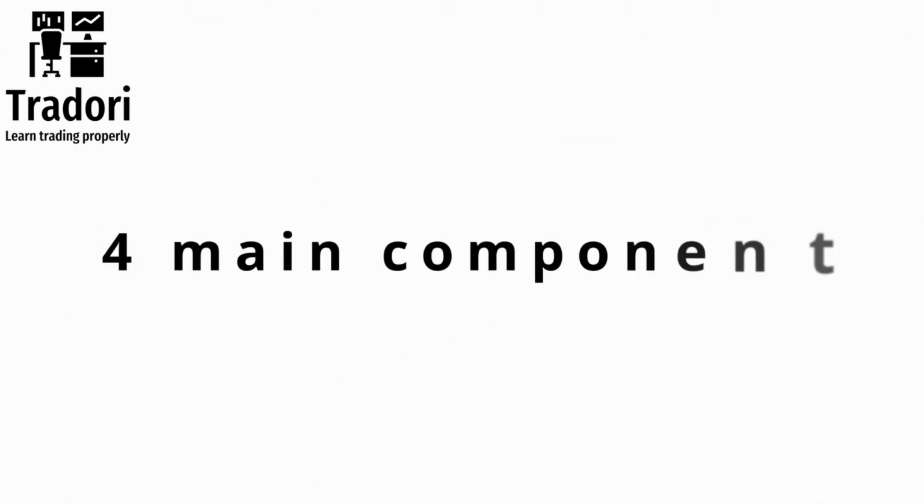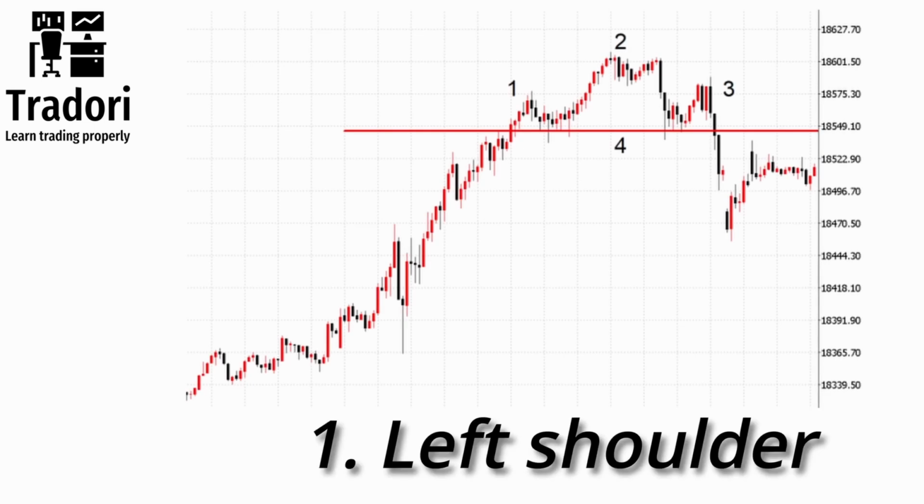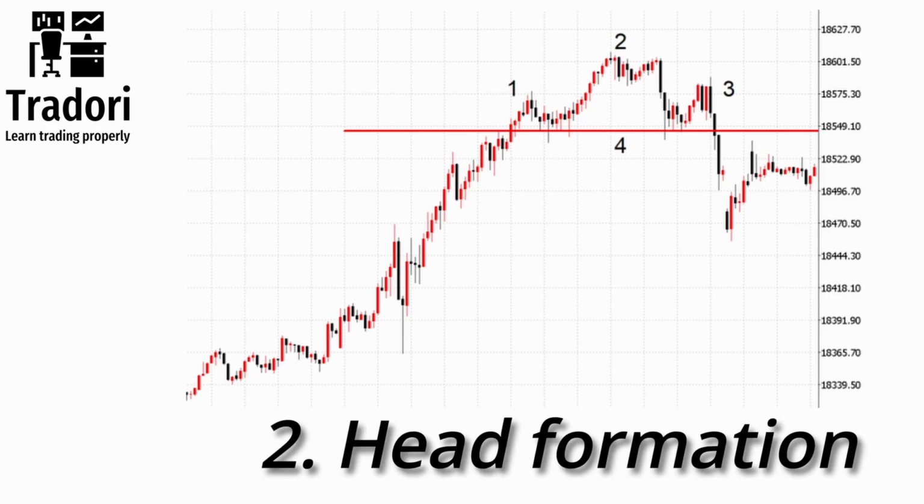To detect the head and shoulders pattern, you need four main components. After a bullish trend, the price retraces, forming the left shoulder. The head forms when the price peaks above the previous peak and then declines to a point at or near the previous low.